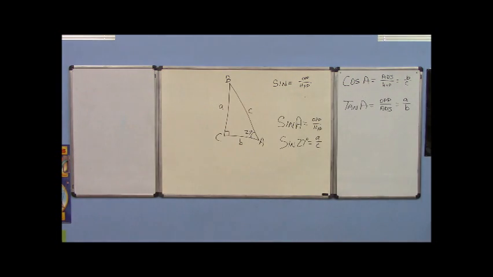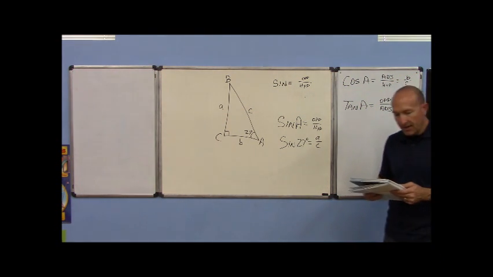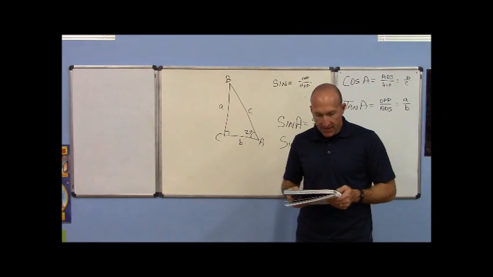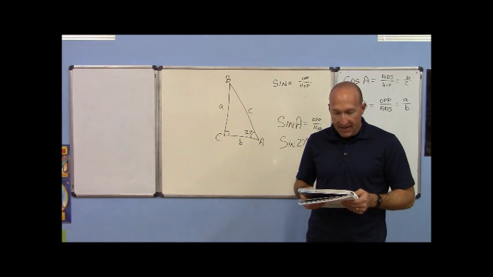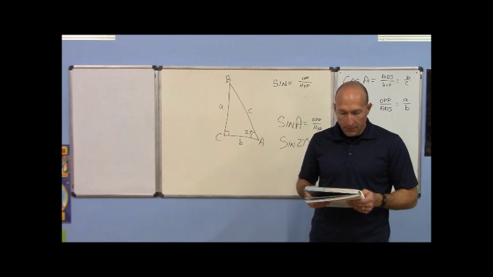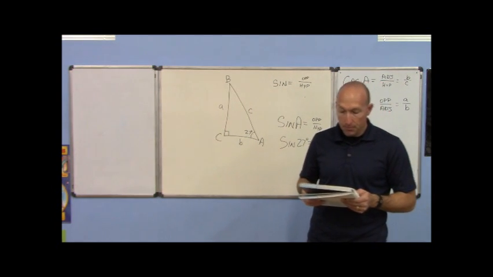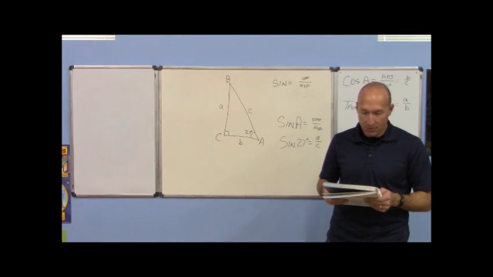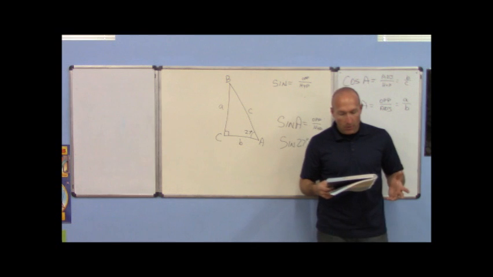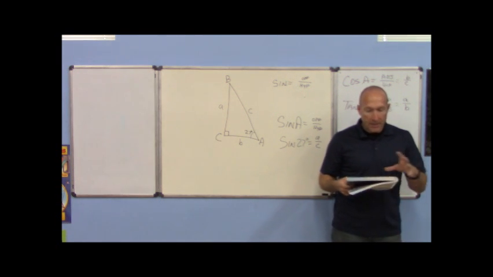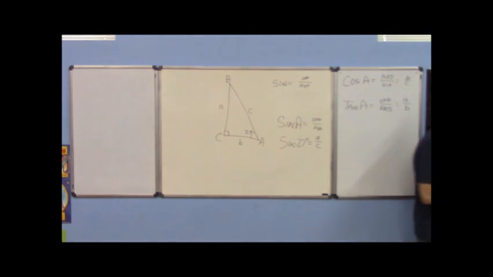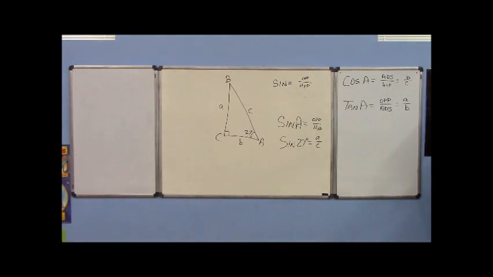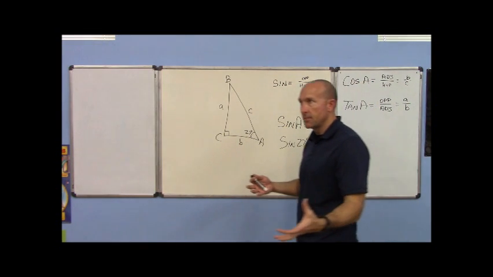So, in looking at example number 1, we have angles S, T, and U, and it's asking us to give the exact value of the 3 basic trigonometric ratios for the 2 acute angles in the triangle shown here. Okay, so here we are going to use what we just discussed.